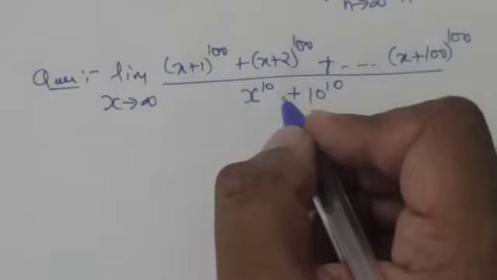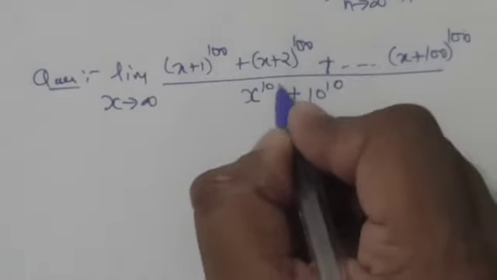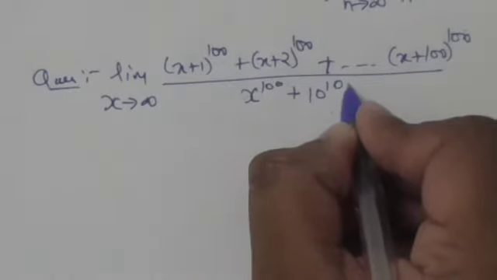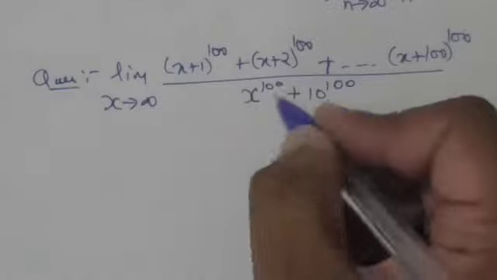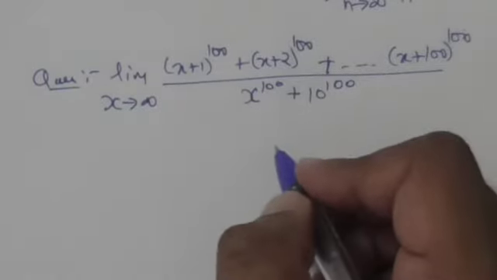Sorry, this question is little bit wrong. In the denominator it is x raised to power 100 plus 10 raised to power 100. Okay, it was a mistake. Now I have rectified it. Now let us solve this.